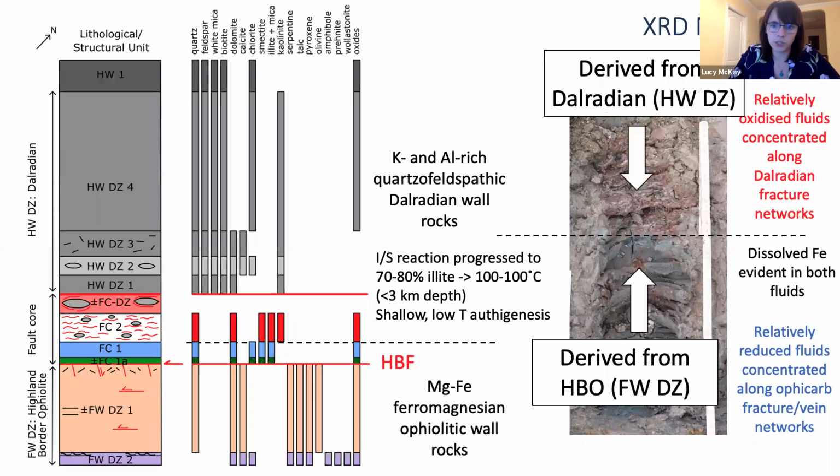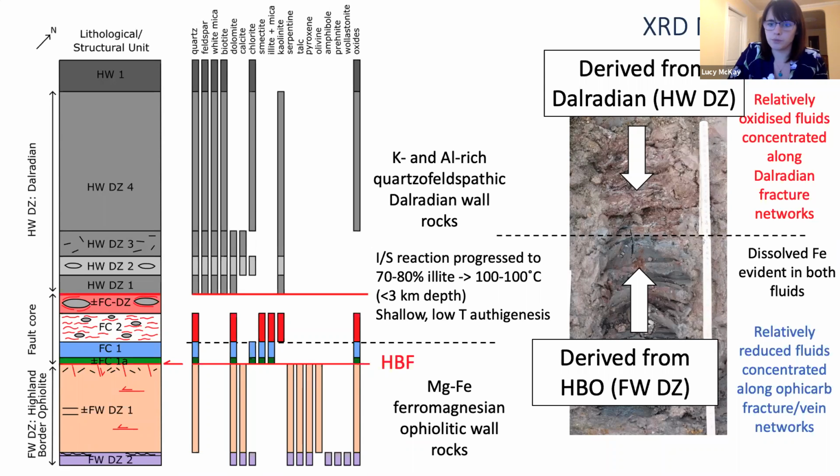So the blue gouge is comprised of magnesium illite smectite and iron and magnesium rich chlorite, whereas the red foliated chaotic breccia is composed of potassium illite, smectite and kaolinite, so there's no chlorite here. So it's assumed that the blue gouge and the green gouge are derived from the Highland Boundary ophiolite wall rocks, whereas the red foliated chaotic breccia is derived from the Dalradian wall rocks.